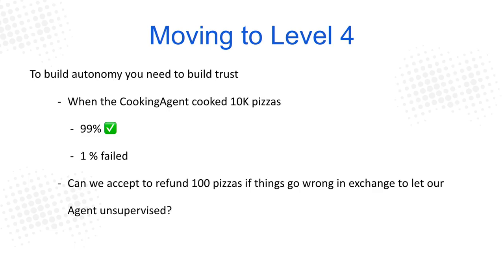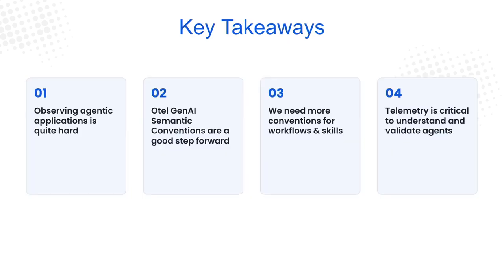Can I refund my customers 100 pizzas if things go wrong, in exchange for my agent to just do stuff? I think that's the next question we're going to try to answer: how do we record data about agent execution and build a trust model that we can actually use to make decisions dynamically? I think it's coming to our platform's services and capabilities at some point.